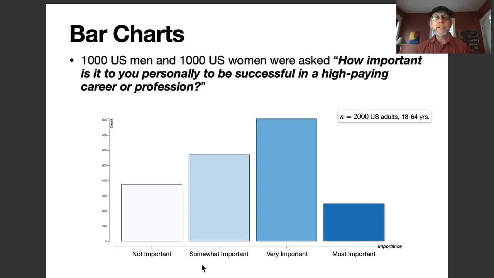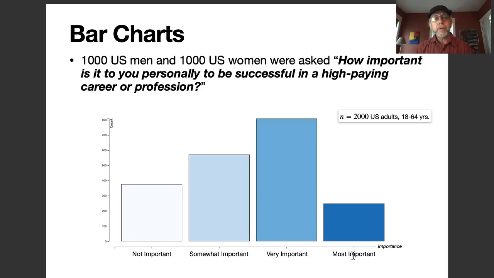They're all 18 to 64 years in age. And here you see the responses. The possible responses are on the x-axis: not important, somewhat important, very important, and most important. So those are the values of the variable, we'll call it importance, the response to the question that was given.